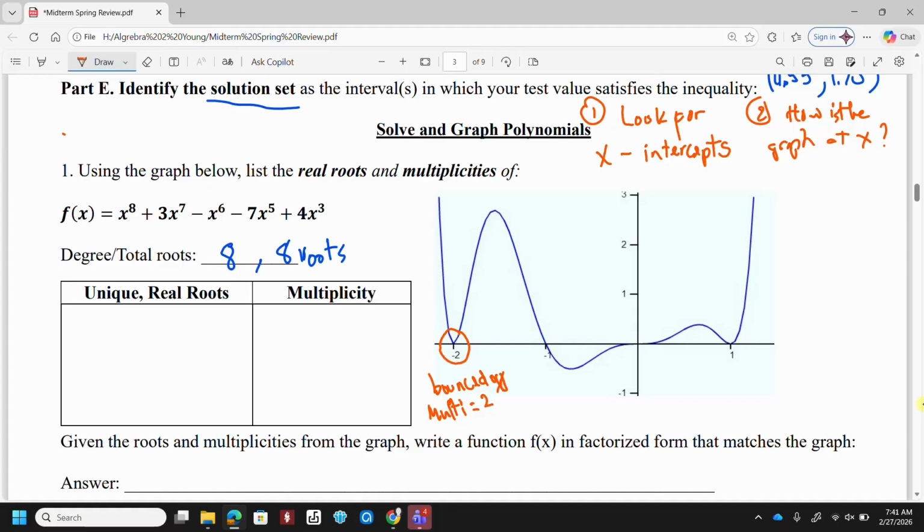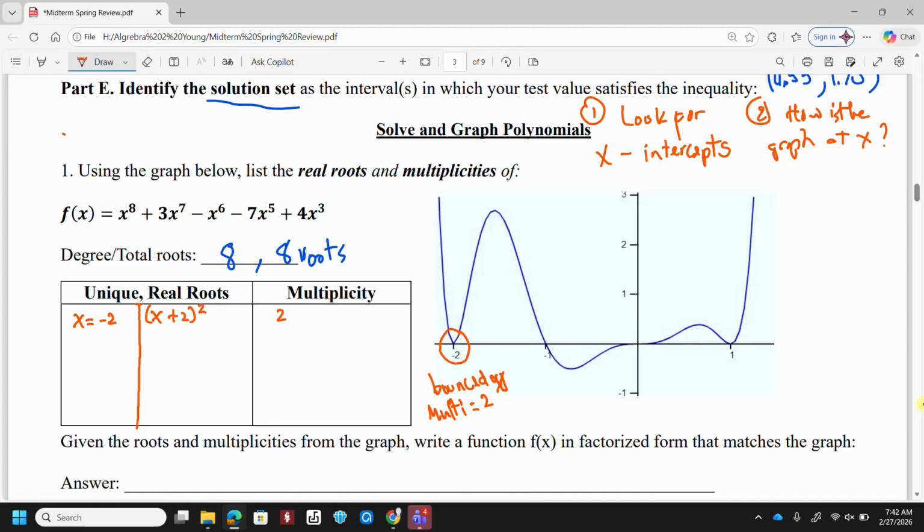So x equal negative 2, how do we write it? We write out x equal negative 2. If you want to write the factor, you can write x plus 2, and the multiplicity is 2, so you write the exponent 2 like that.